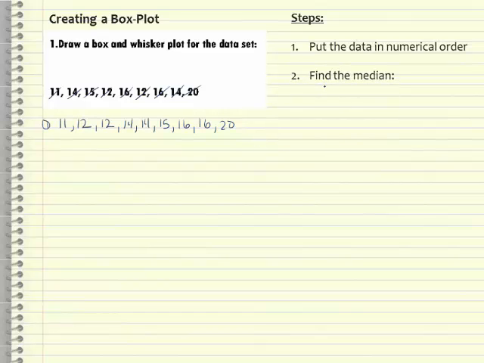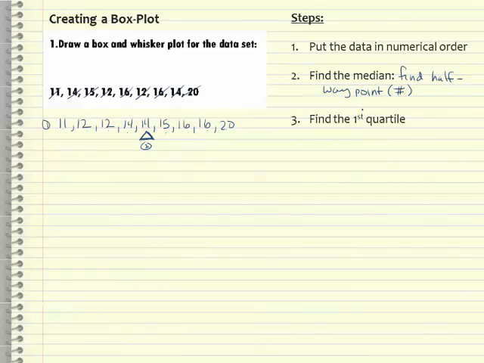Step 2 is to find the median. So to find the median, we find halfway. Okay, so I have 1, 1, 2, 2, 3, 3, 4, 4, 5. Here's the median. Step 2. Median is 14.